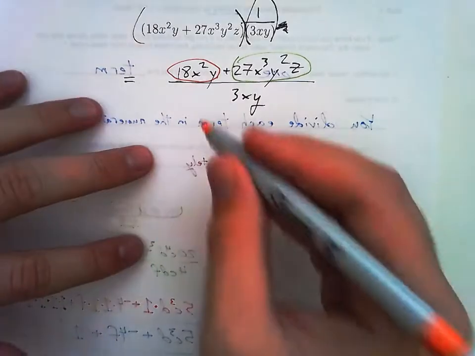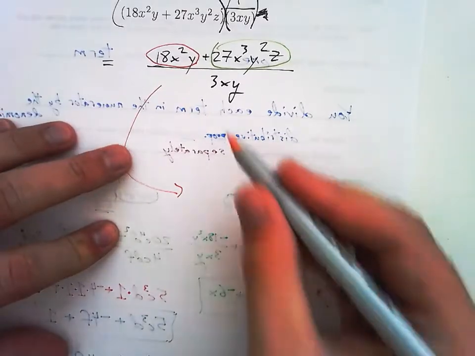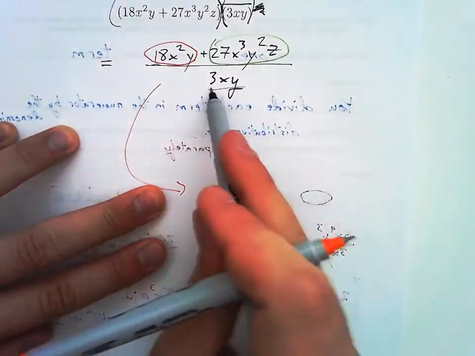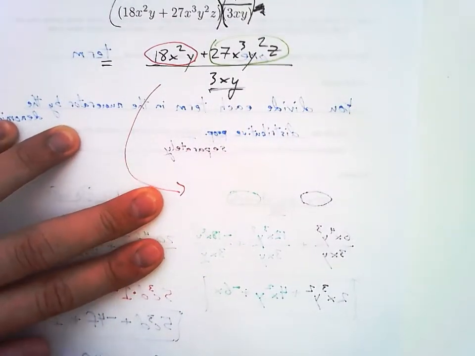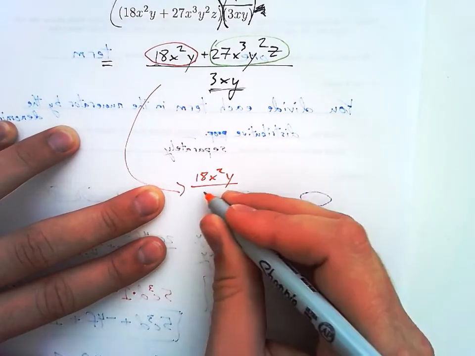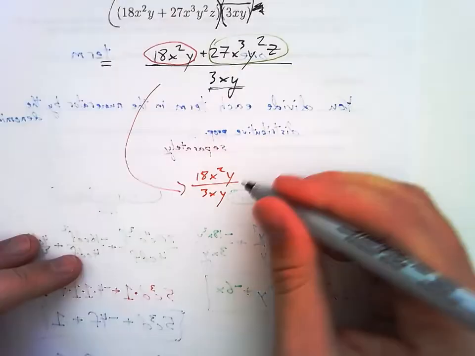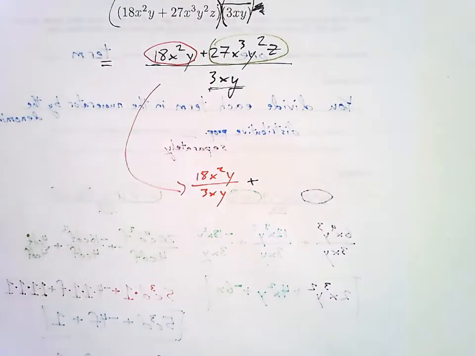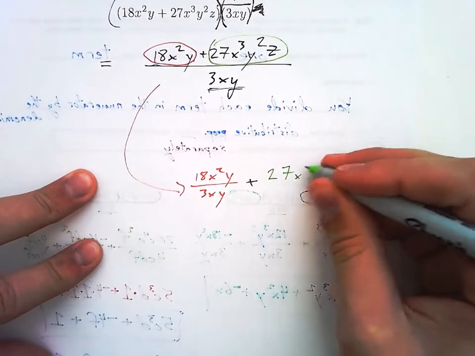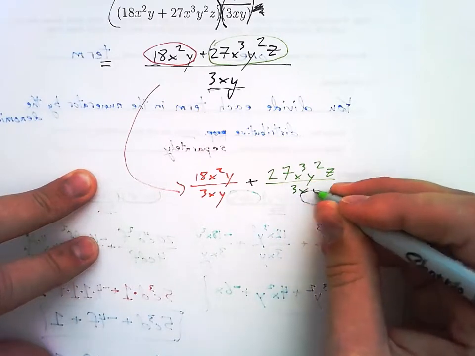So I'm going to come down here where we can see it a little better. They're both divided by that monomial right there, 3xy. So 18x squared y over 3xy. And then for the second one, we have got 27x cubed y squared z over 3xy.